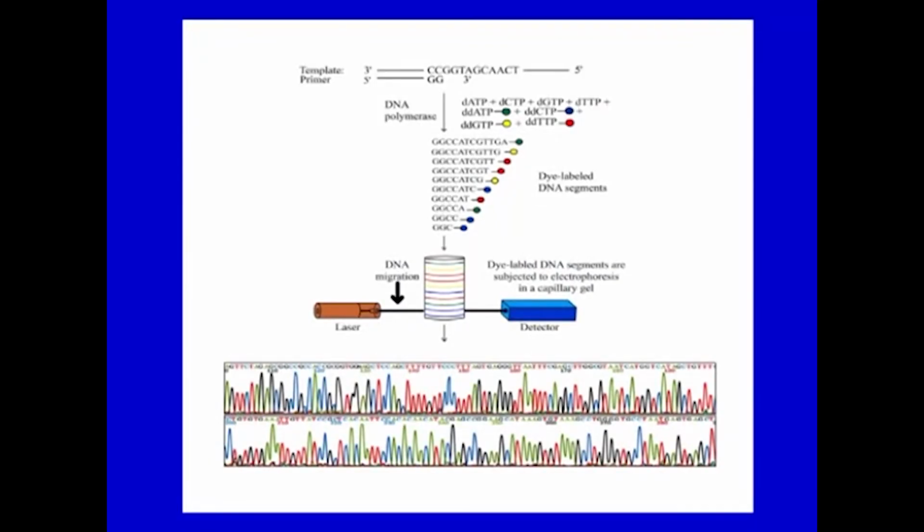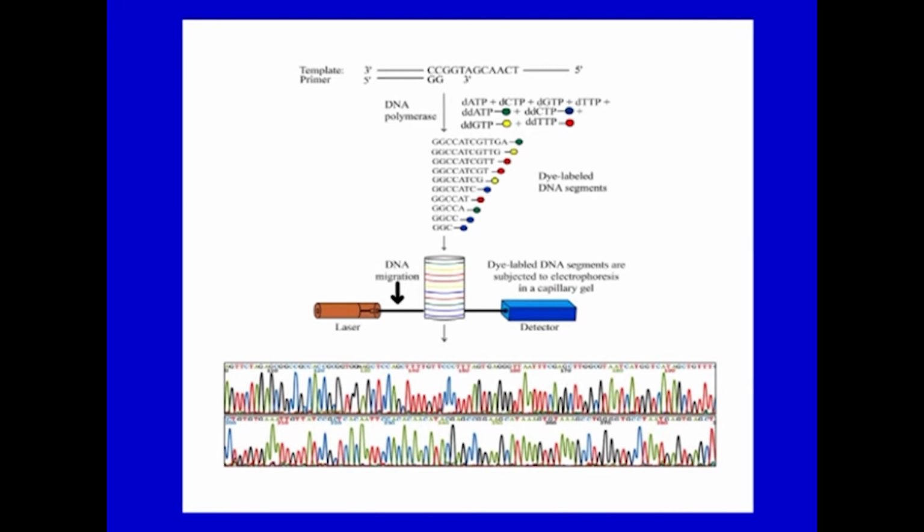On your screen, you can see that when 4 fluorescent dyes are attached, different colored dyes are attached to each dideoxy analogue, then you get fragments of different sizes as the PCR goes on, and these fragments run on the same gel, as the extensions are done in the same vessel.